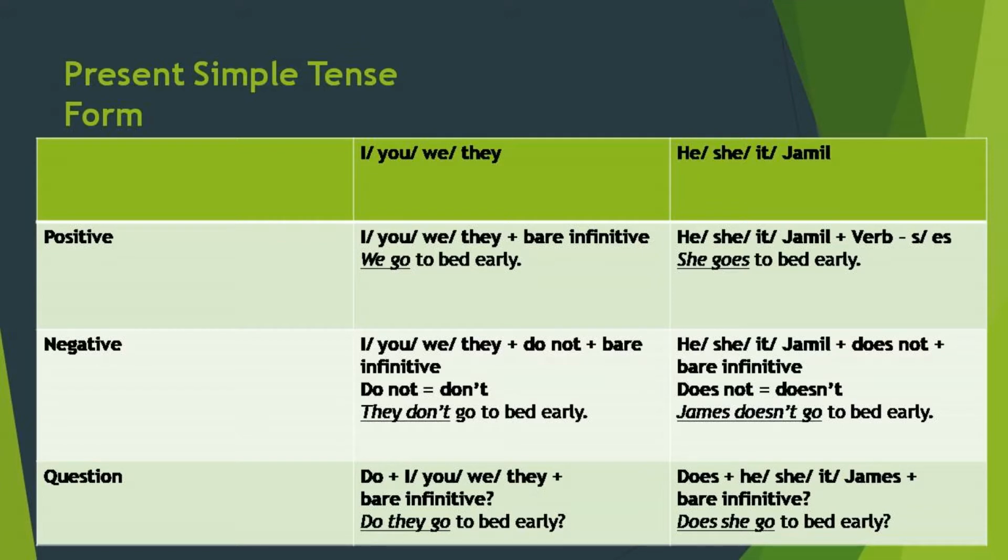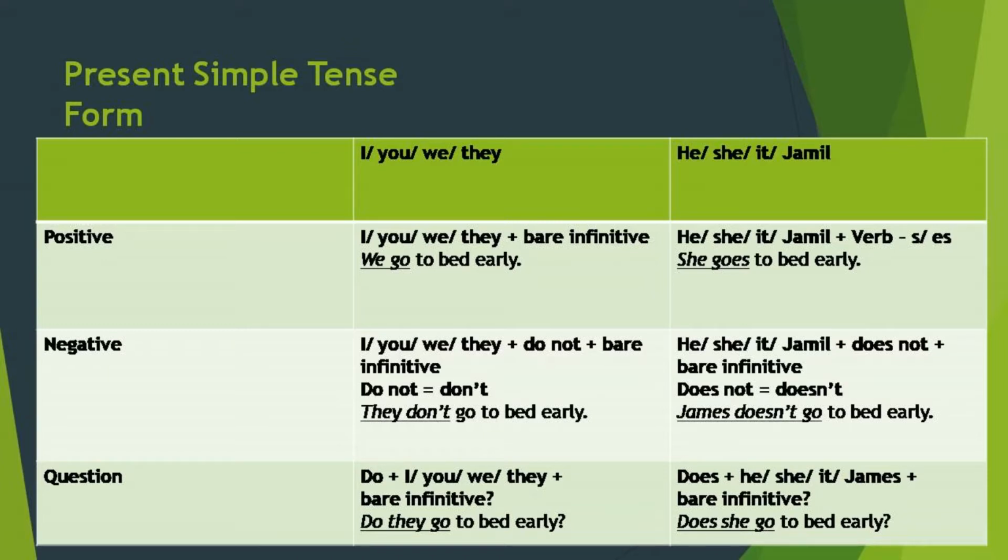And if we want to make a question, again we have to find an applicable auxiliary verb, which can go with the subject and the main verb, and do as follows. Like: do they go to bed early?